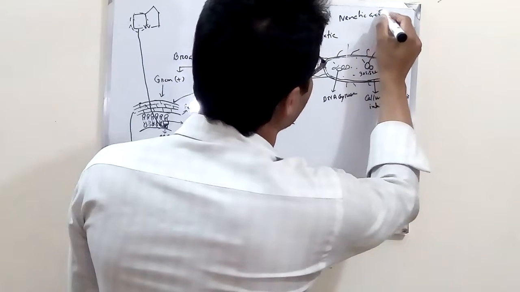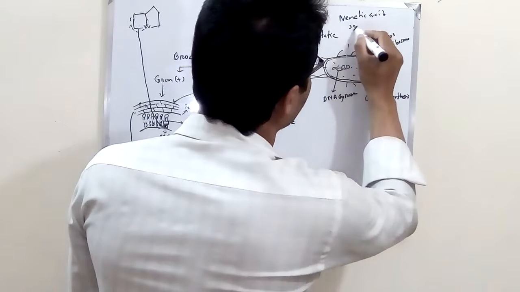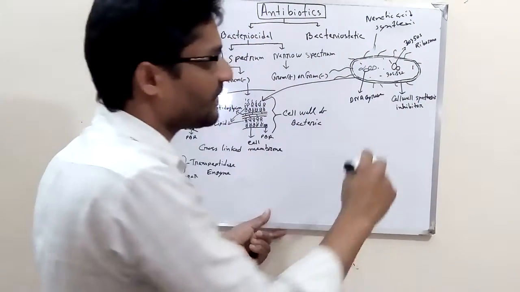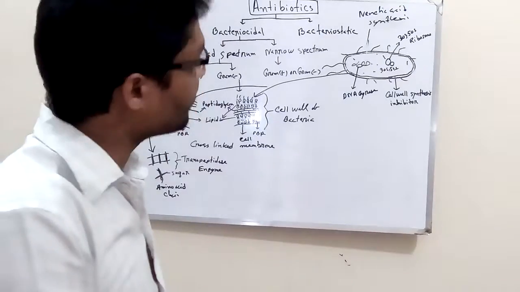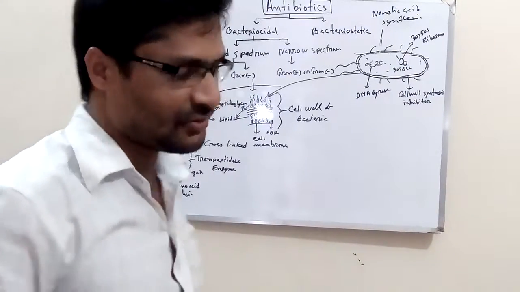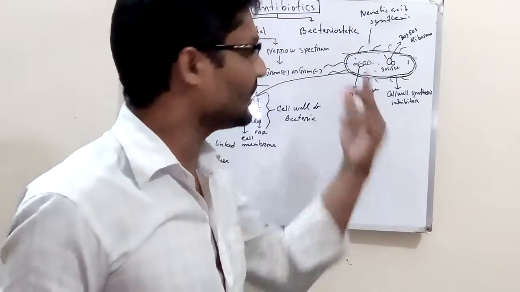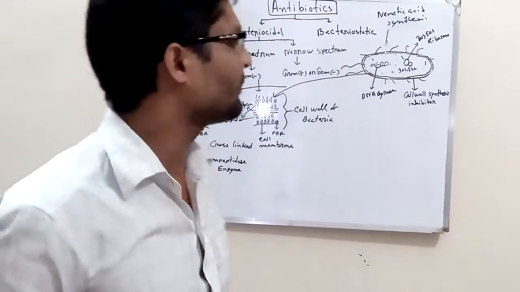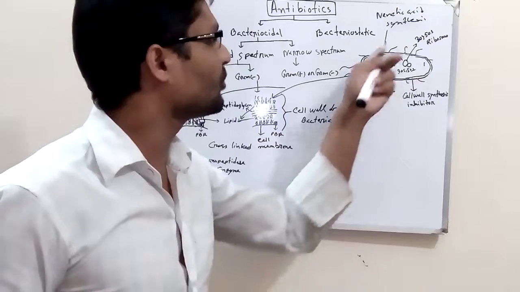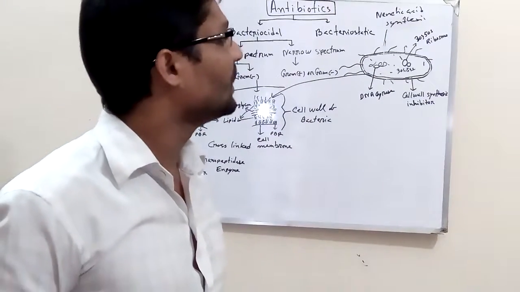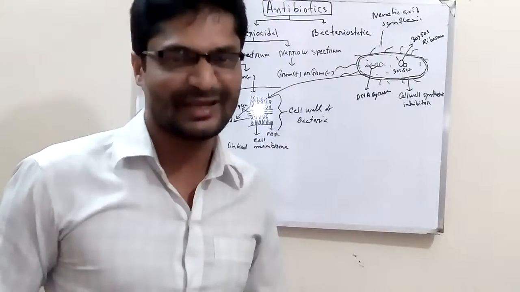Nucleic acid synthesis inhibitors are like the quinolone group: ciprofloxacin, levofloxacin.